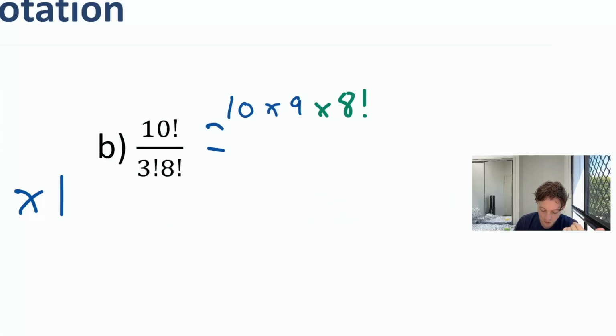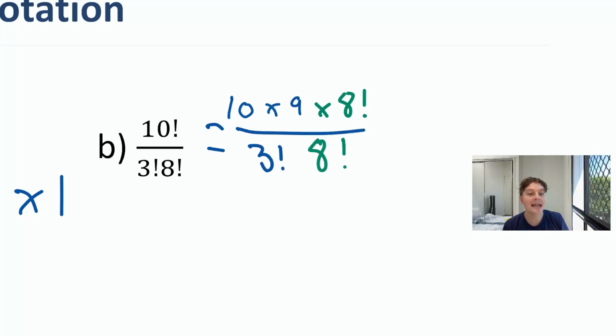So now if I consider what's on my denominator, I have 3 factorial multiplied by 8 factorial. And now hopefully we can see that this term here is matching this term here, and the two things can cancel out and be equal to 1. So I've simplified my maths immediately. I don't need to find 10 factorial.